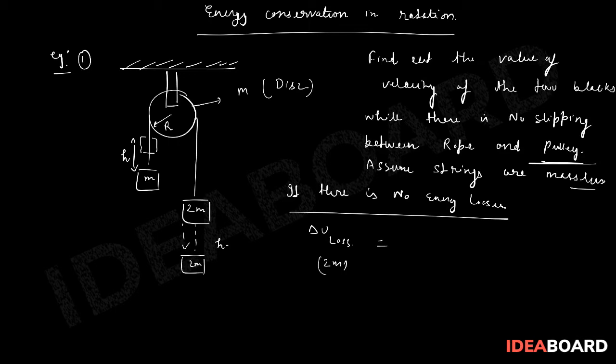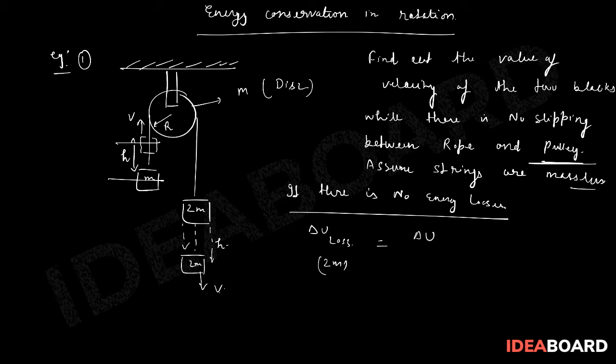So basically this mass 2m will lose some potential energy. Because of this potential energy, what will happen? This mass probably will gain certain velocity v, and of course because string is same, that's why this block will also attain the same velocity, and this block of mass m will also gain some potential energy.